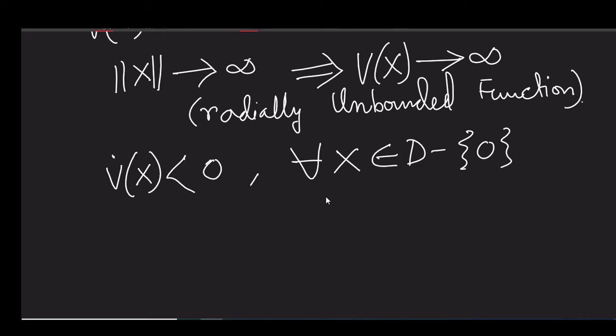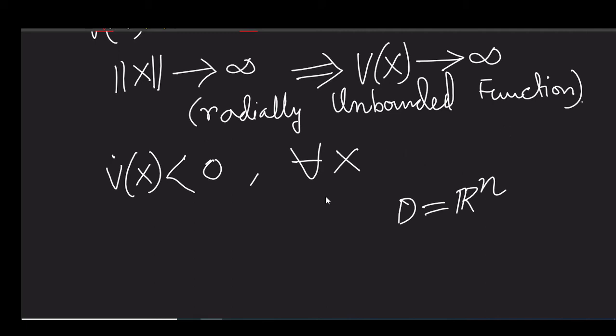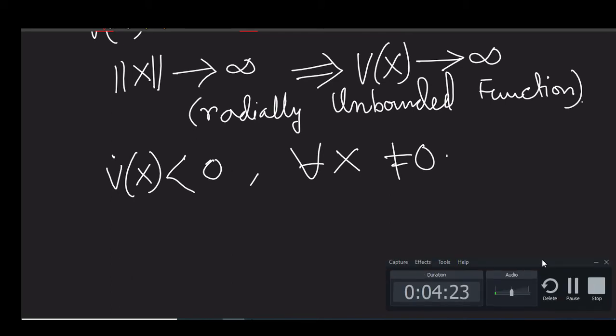So if it is defined over the entire state space, then D becomes R^n. That is why there is no need to mention it; rather we can say it in a simple way: for all x that is not equal to 0.